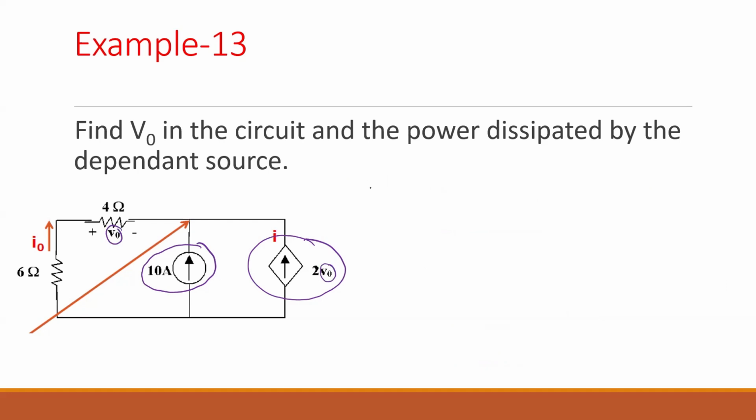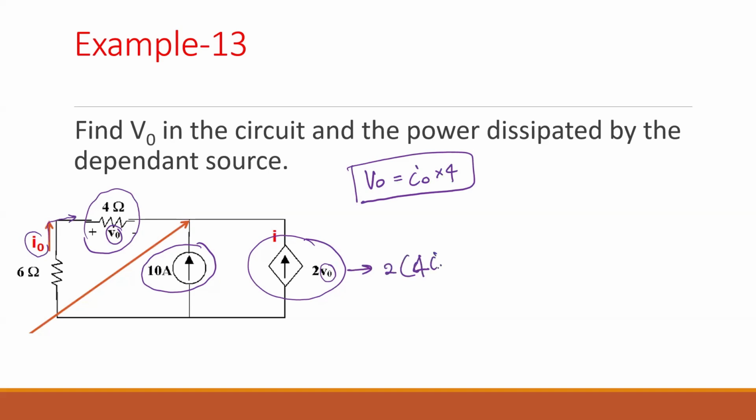What is V naught? V naught is the current times the resistance here. The current going in this loop is I naught. So V naught equals I naught times 4. And here the voltage is 2 times 4 I naught, so we can say 8 I naught. Am I right?